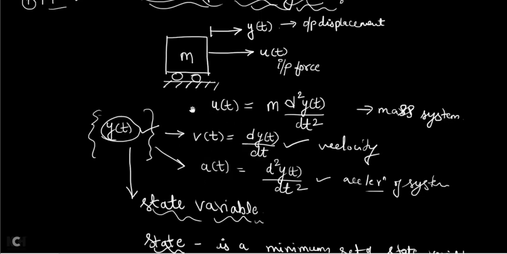Correct? So this variable y of t is called a state variable. A state variable is defined as a variable whose value, if you know it, then you can find out the other parameters of the given control system for the future. That is called a state variable.